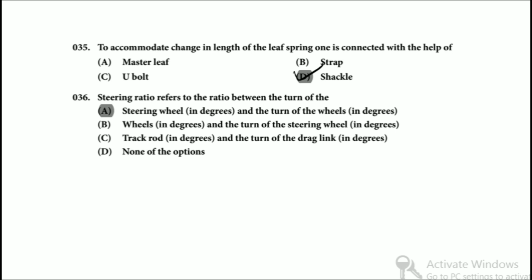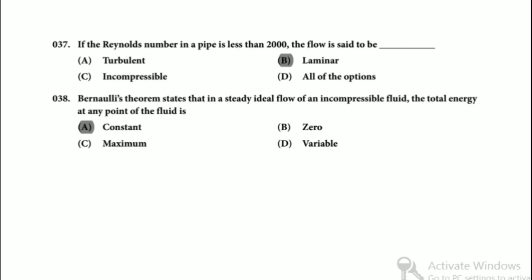So here also this one is a theory based question. If you know the data and if you can recall the thing, then this would be very easy. Steering ratio is the ratio of the turn of the steering wheel divided by the turn of the wheels, right? Both will be taken in degrees, so A should be the answer.